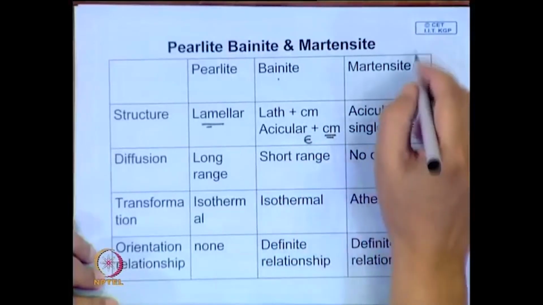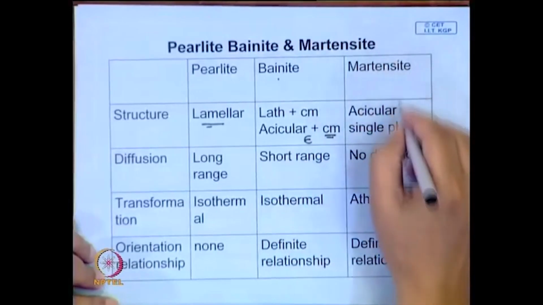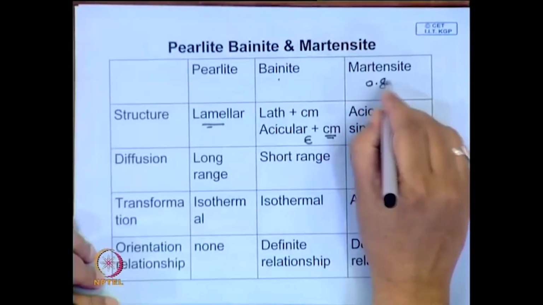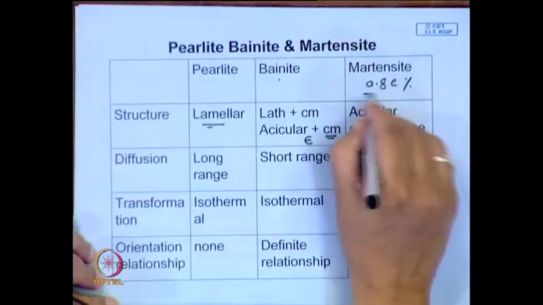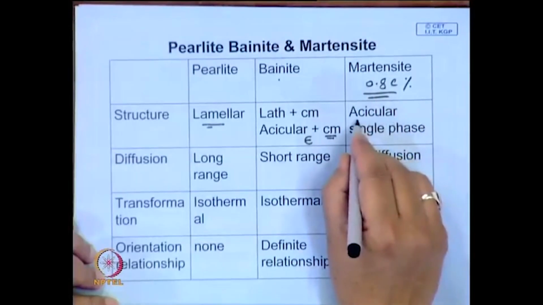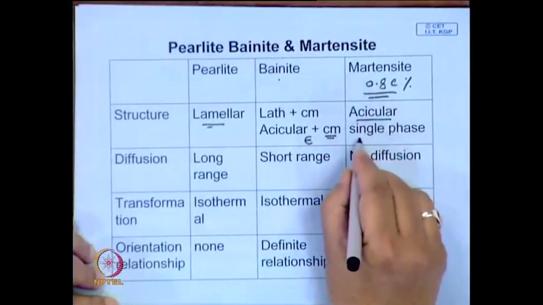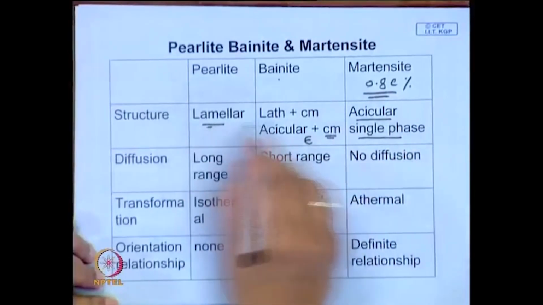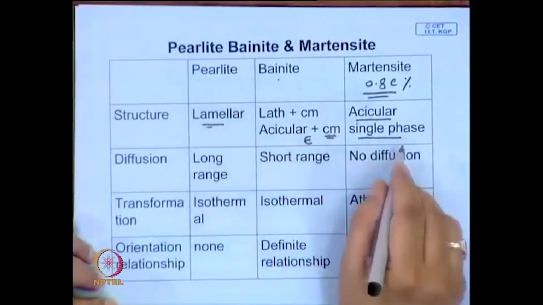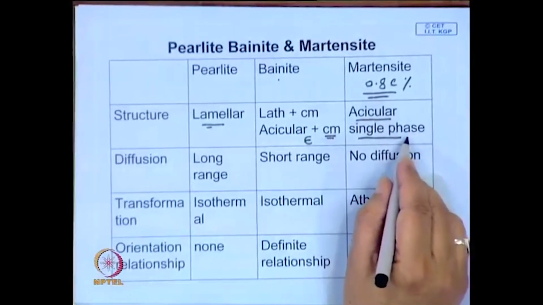Here we are considering 0.8% carbon steel, eutectoid steel, where the martensite will be primarily acicular or plate type martensite. It is single phase, whereas in these cases they are two phase structures. So, this clearly shows that there is no precipitation, no diffusion.